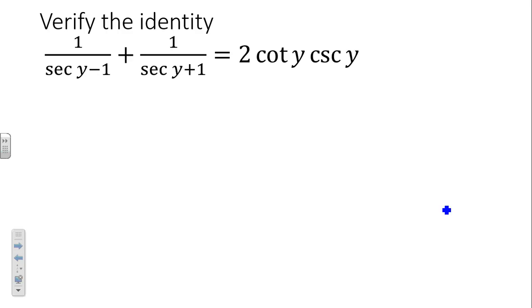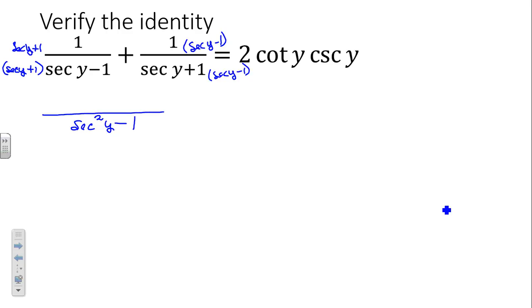Exactly. Okay, so to get that conjugate, we have to multiply the first one by a secant of y plus 1, and the other one by a secant of y minus 1, and that will get us a secant squared y minus 1 in the denominator when we FOIL those out.